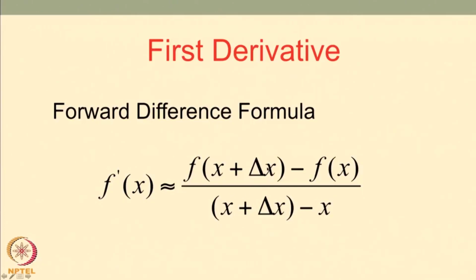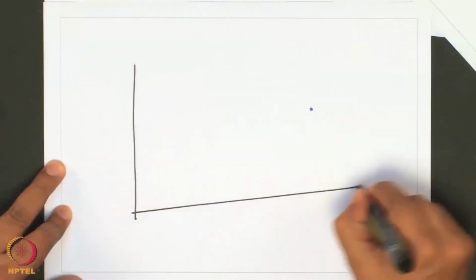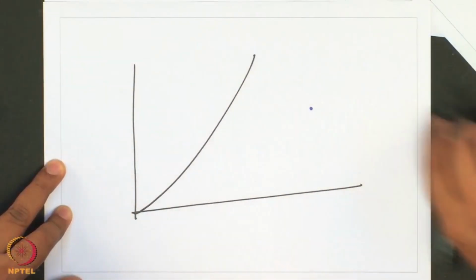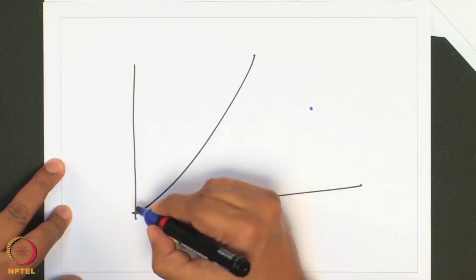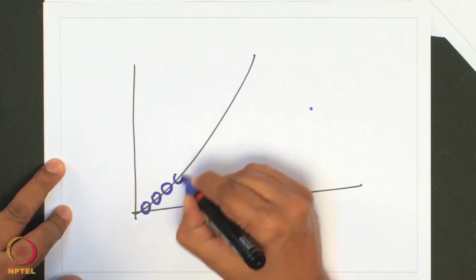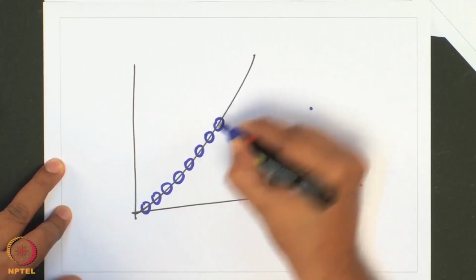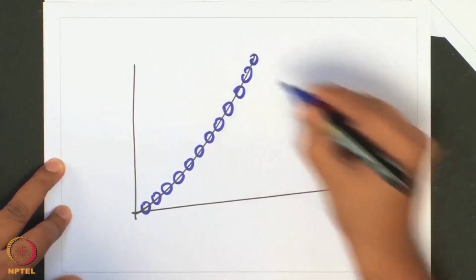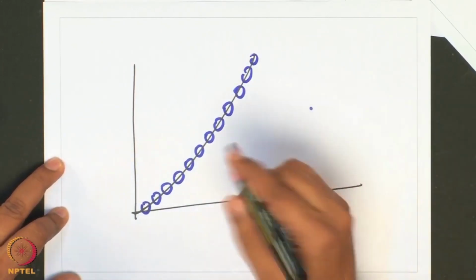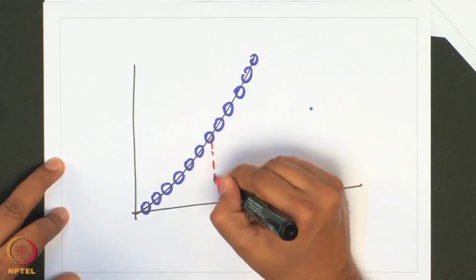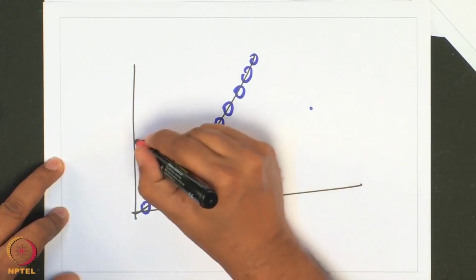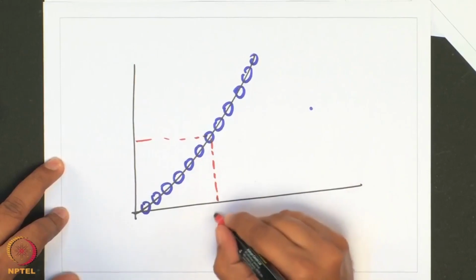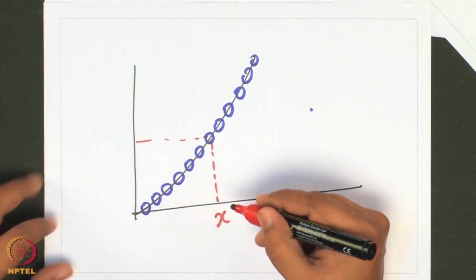But there might be a situation where you have a lot of data points. Imagine that you have a lot of data points very close by, and you want to calculate the derivative at this particular point x.